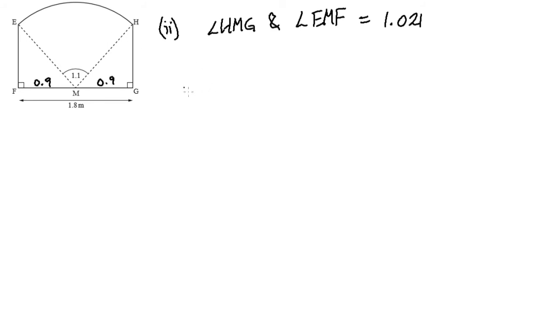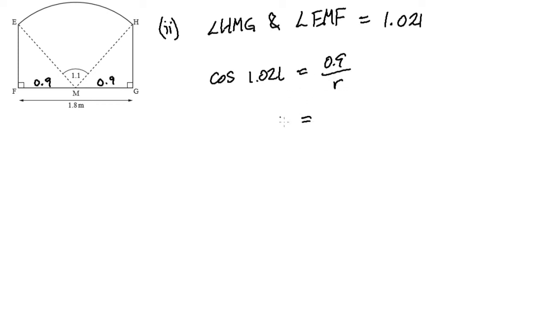So the trigonometry still works with radians, so we know that cosine of 1.021 is equal to the adjacent divided by hypotenuse, so that will be 0.9 divided by radius.